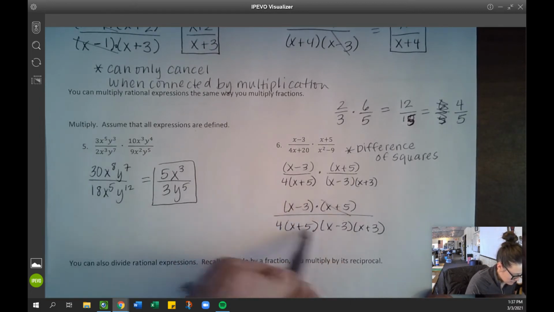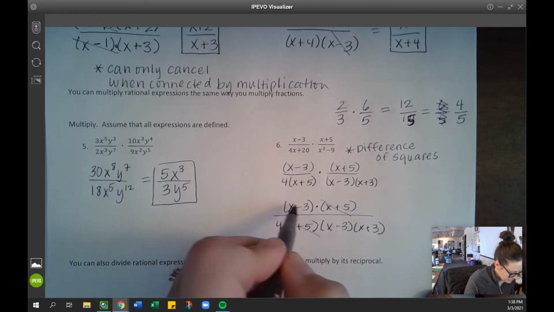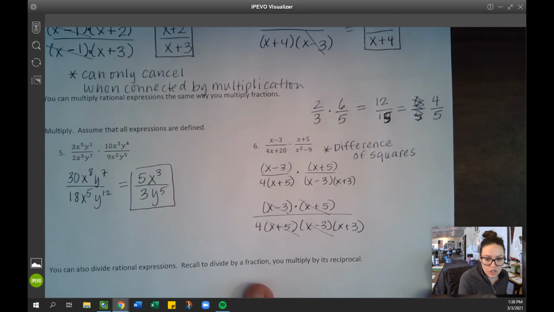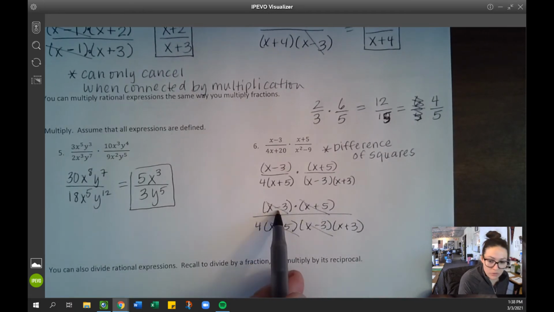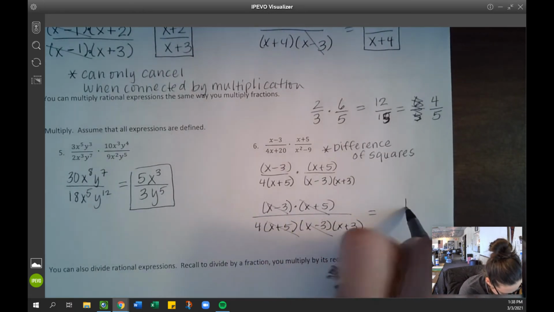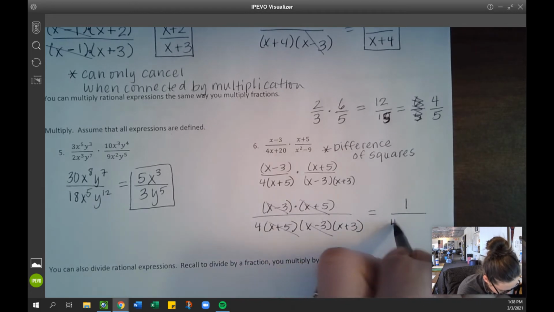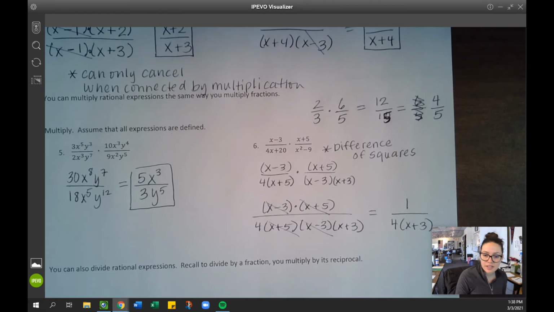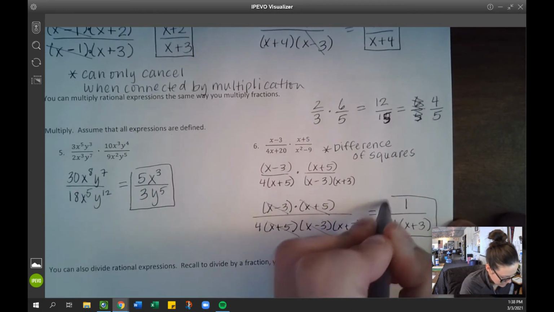So I see a factor of x plus 5, and I see a factor of x minus 3. So when everything cancels out, that means there's really just a 1 there. So I'm going to have 4 times x plus 3 because that's the only thing that's left. And that would be my answer.